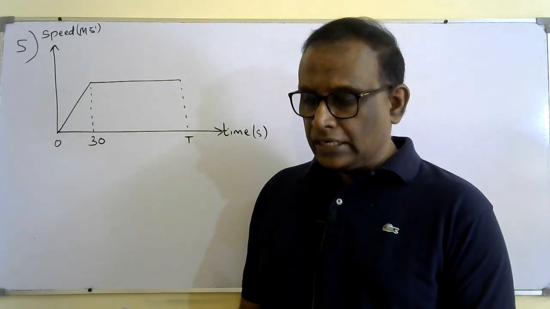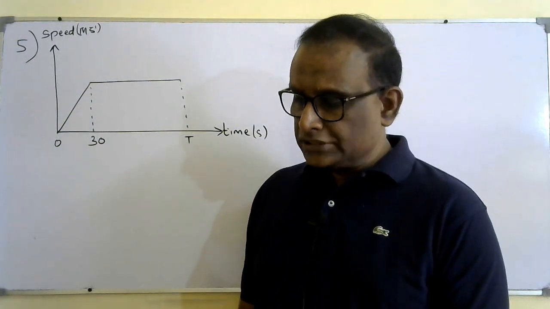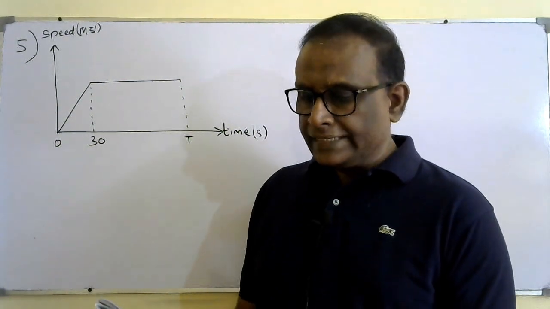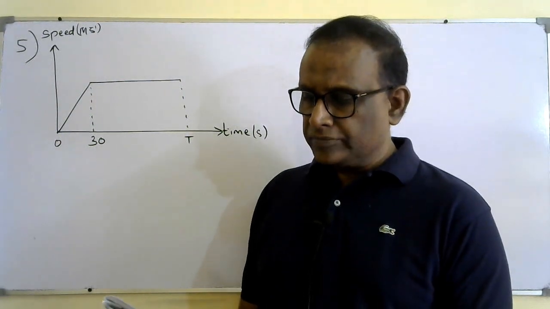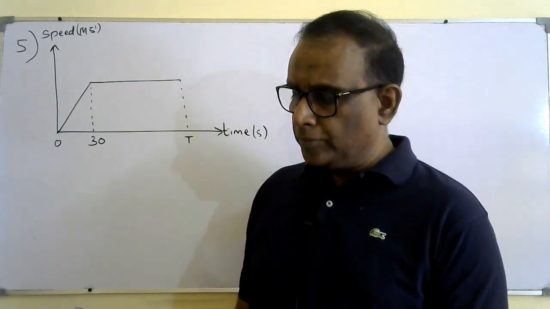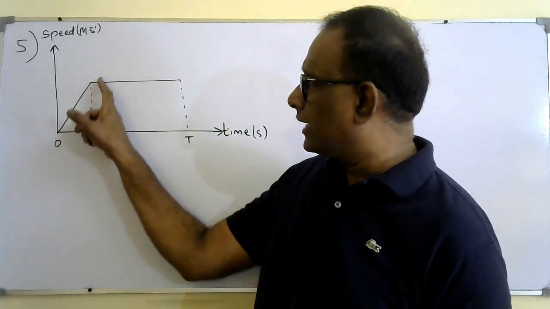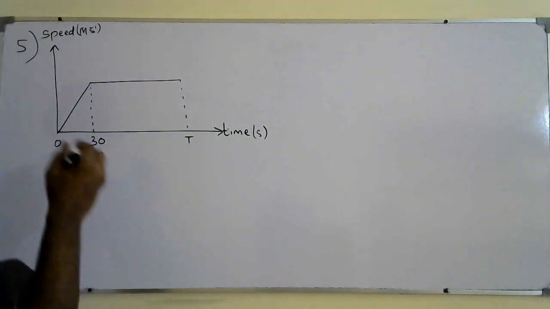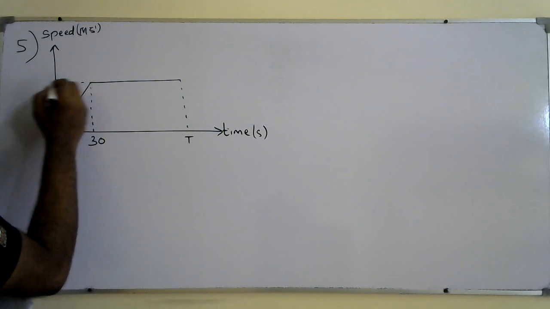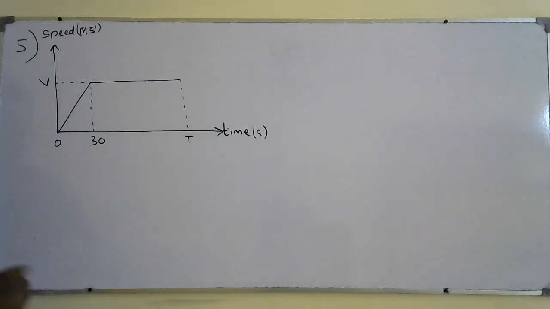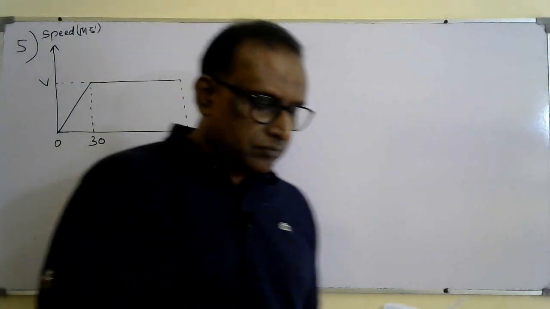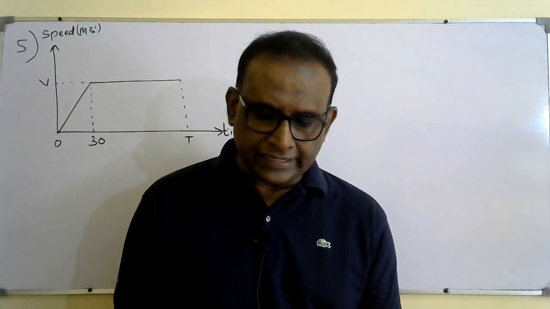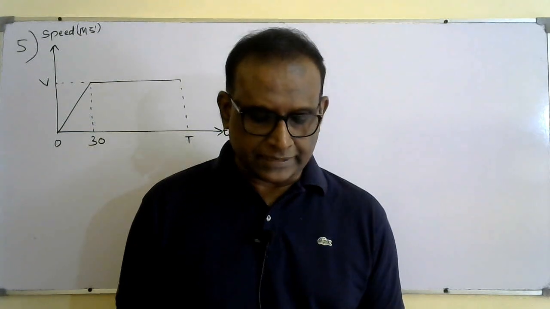So the speed time graph in figure 2 illustrates the motion of a car traveling along a horizontal straight road. At time t equals 0, the car starts from rest and accelerates uniformly for 30 seconds. So uniform, you can see the gradient is constant, so acceleration is constant, accelerates uniformly for 30 seconds until it reaches a speed of v meter per second.